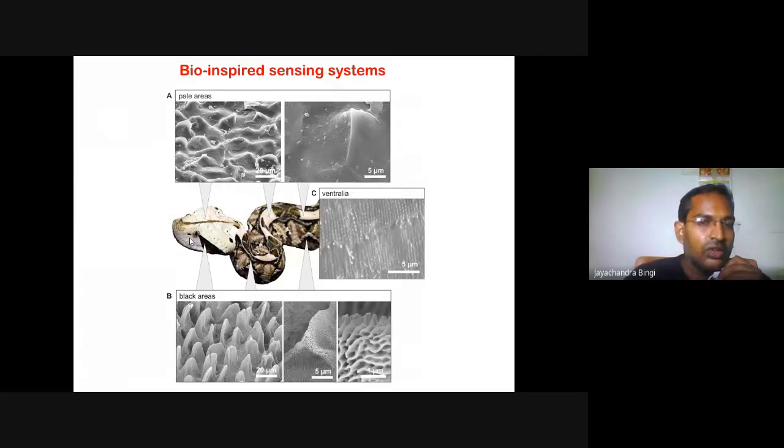So that's the reason why in the case of sensing systems also, they are not going to use electronic sensors or any other kind of sensors. They are going to implement the structural sensing systems. You may call them hierarchical structures, no problem, but still they are going to implement structural sensing systems.